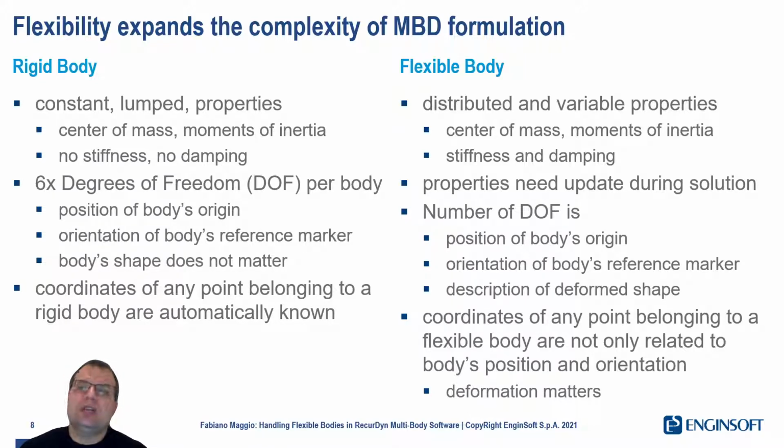Switching from rigid multi-body to flexible multi-body, of course, introduces a number of new elements in the formulation. Any rigid multi-body uses the well-known theory of rigid body motion in space.